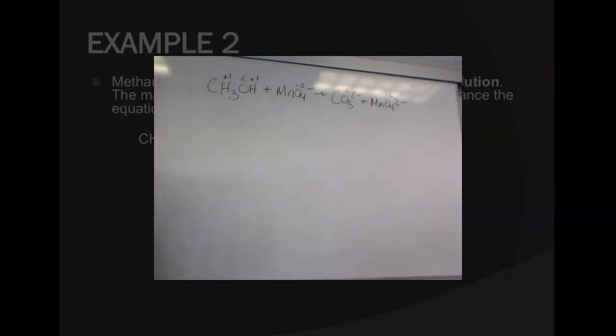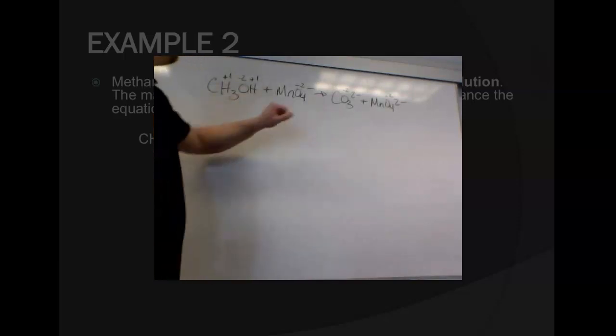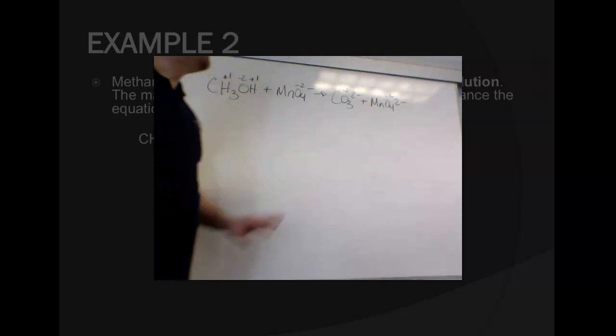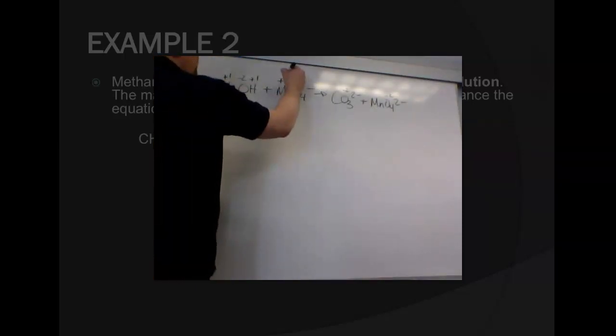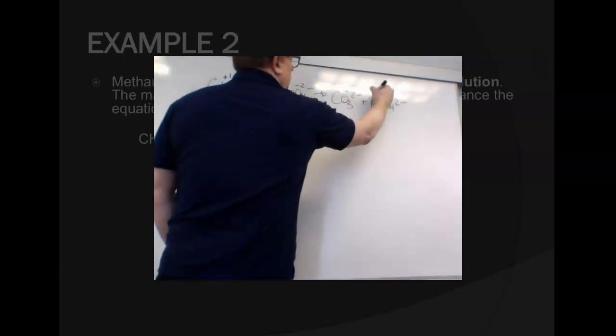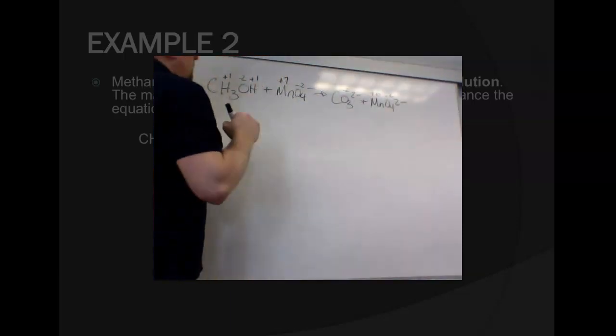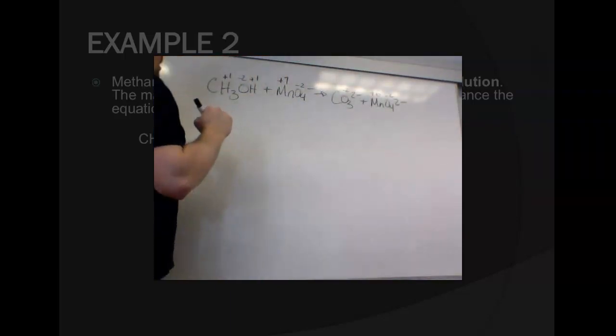But what we do need to figure out are the oxidation numbers for carbon on both sides and for manganese on both sides. I figured these out ahead of time, so I'm going to fill them in. This one is +7. This one is +6.